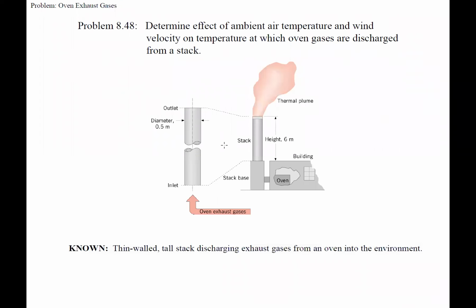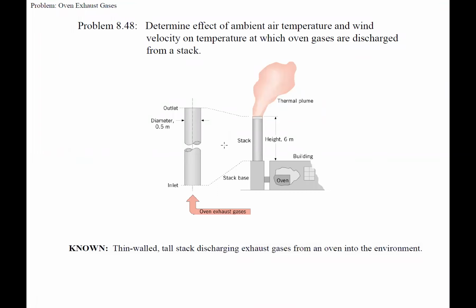All right, so then we got another one to do. We got 8.48. 8.48 is exhaust gases from a wire processing oven are discharged into a tall stack, and the gas and stack surface temperatures at the outlet of the stack must be estimated.